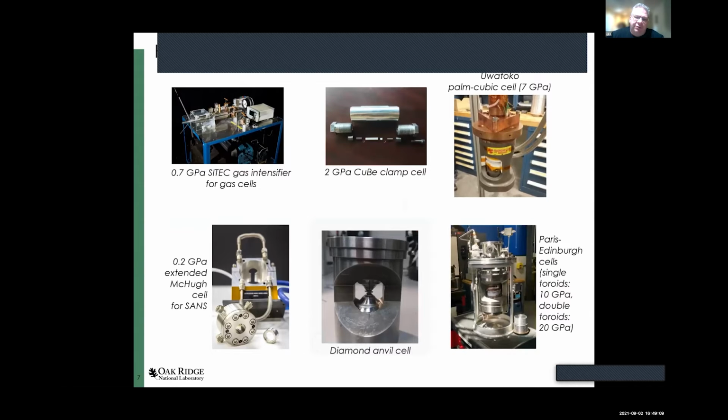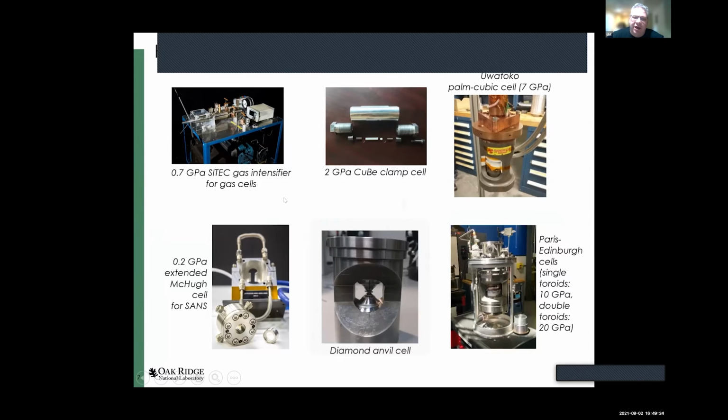That having been said, we do have a number of pressure devices that are capable of various pressure ranges, various temperature ranges. As I said, we're working on a diamond anvil cell project to make diamond anvil cell samples big enough for neutron scattering. We also have recently developed a gas intensifier.